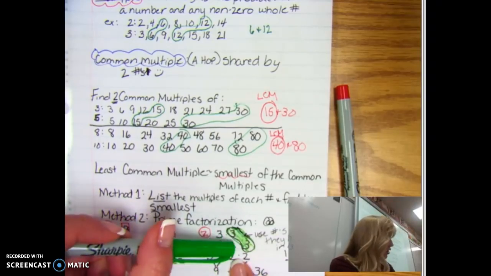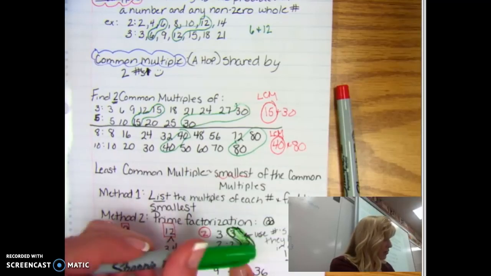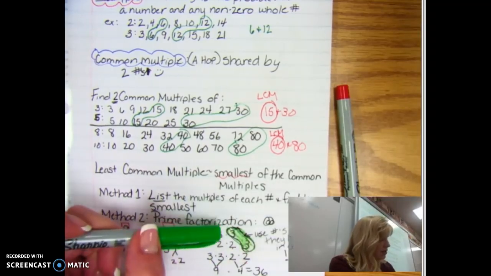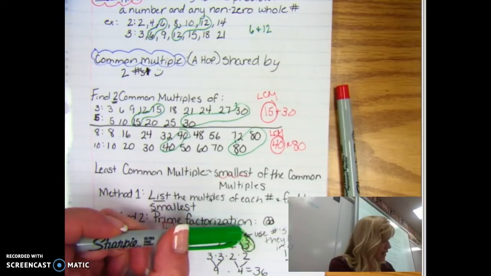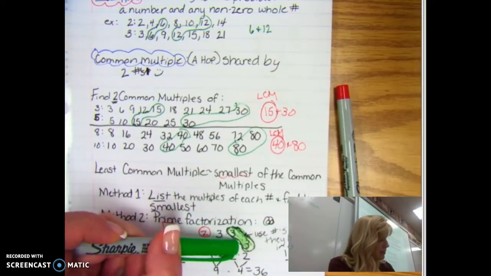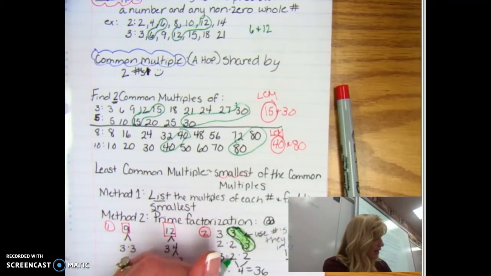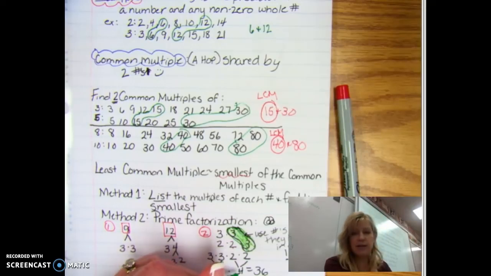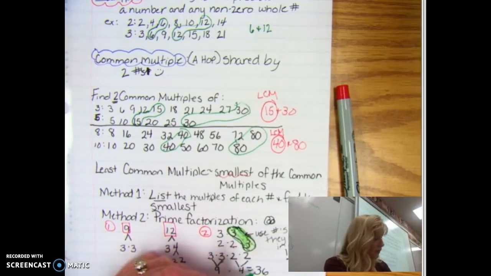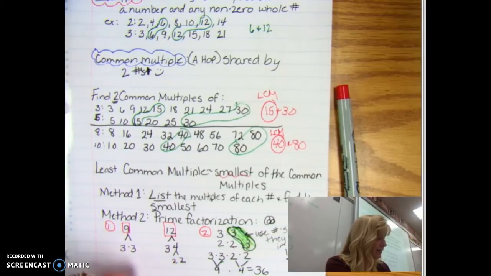So all the numbers that are not circled, and then this 3 I only do one time. So I do 3 times 3 times 2 times 2. And what I did was wrote that like this. I combined them to a 9 times a 4, which is 36.